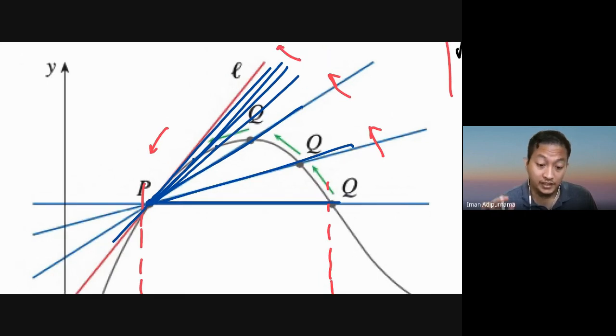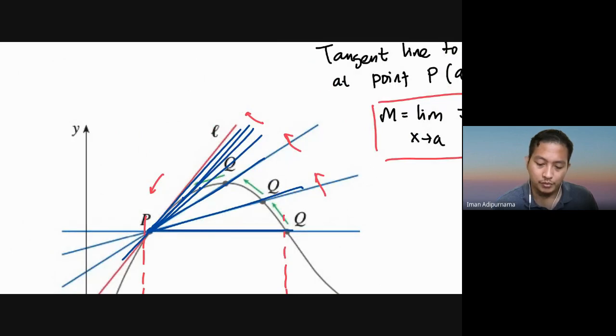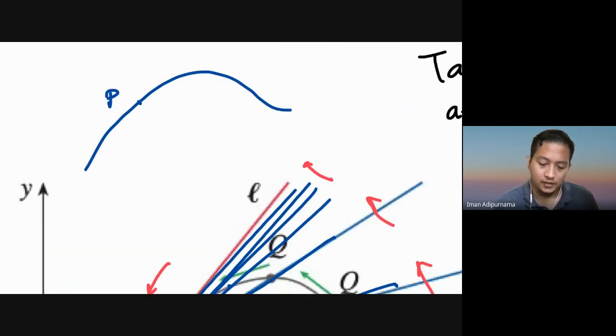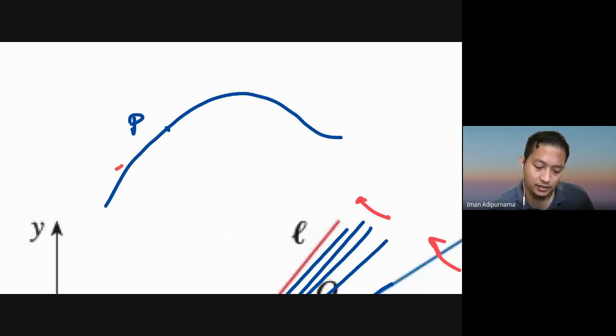Okay, if you don't remember, tangent means if you have P here, the tangent is the line that touches at exactly one point.